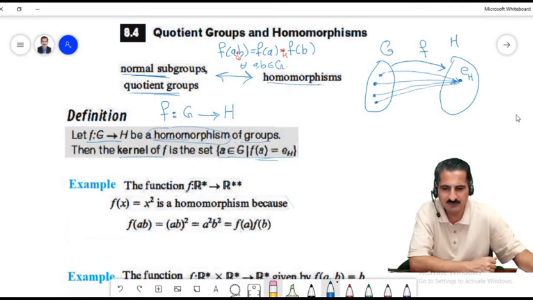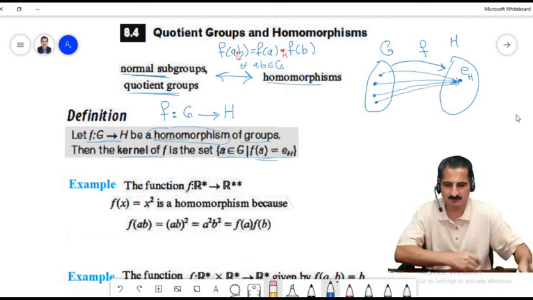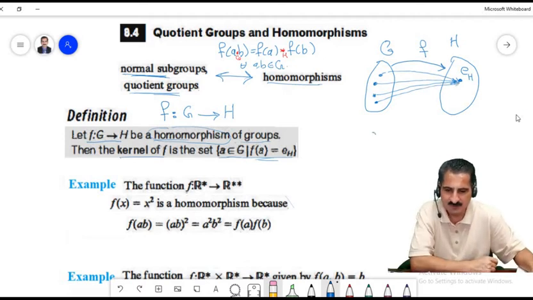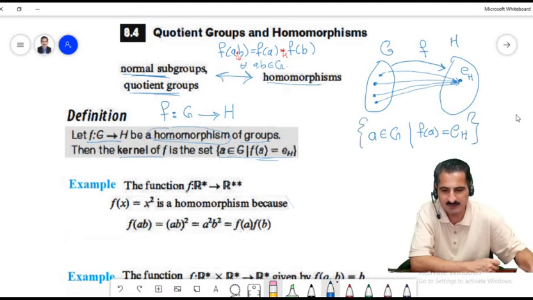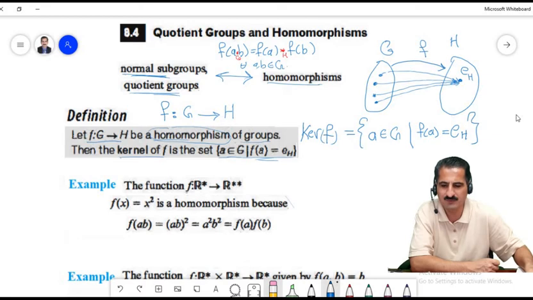I'm choosing elements from the group G such that the image of any of these elements goes to the identity of H. I'm collecting them in one set, and I will call this the kernel of f. Sometimes we use parentheses or not. So this is the kernel as we defined it here.